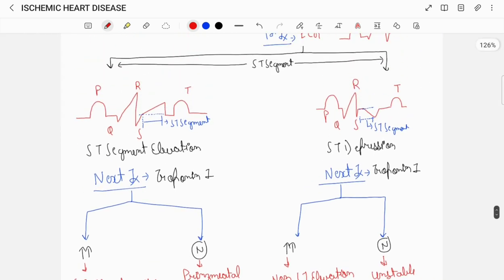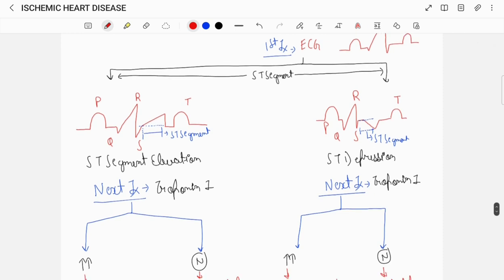Now, as I have already mentioned, in most of the cases you can make the diagnosis by ECG.